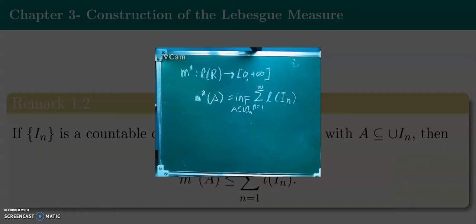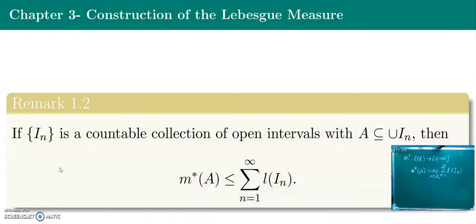Now let's have Remark 1.2. For this remark, if we have a countable collection of open intervals in which this collection is an open cover of A, then we have this one.